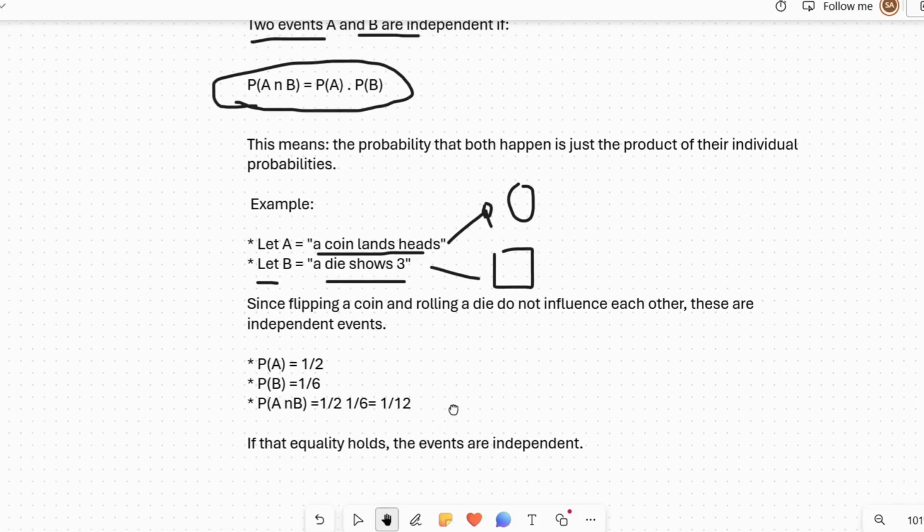Since flipping a coin and rolling a die do not influence each other, these are independent events. Let's say the probability of A equals half and the probability of B equals 1 by 6. So the probability of A intersection B is equal to 1 by 12. If that equality holds, the events are independent.